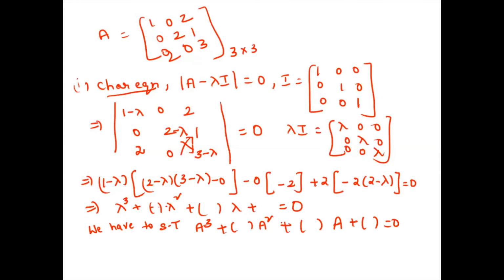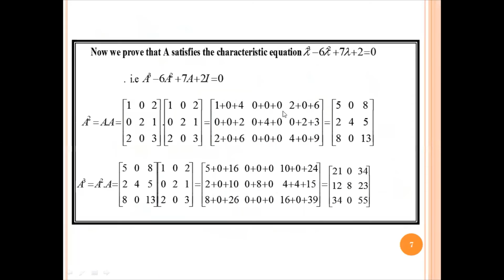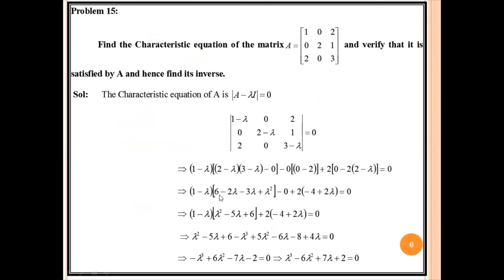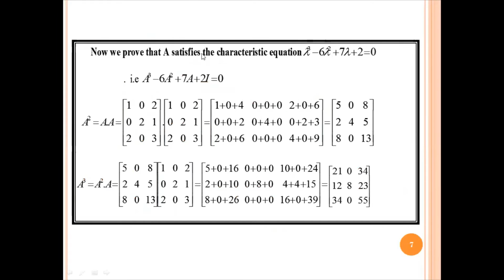So the characteristic equation is satisfied by A. After the expansion we got the characteristic equation. Now next we want to prove that A satisfies the given characteristic equation, that is, in place of lambda we have to take A. This is the statement we want to prove, right?